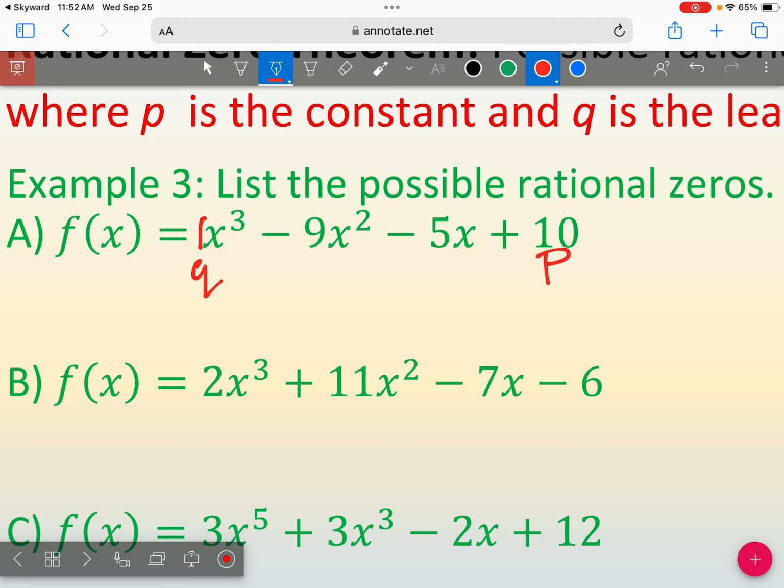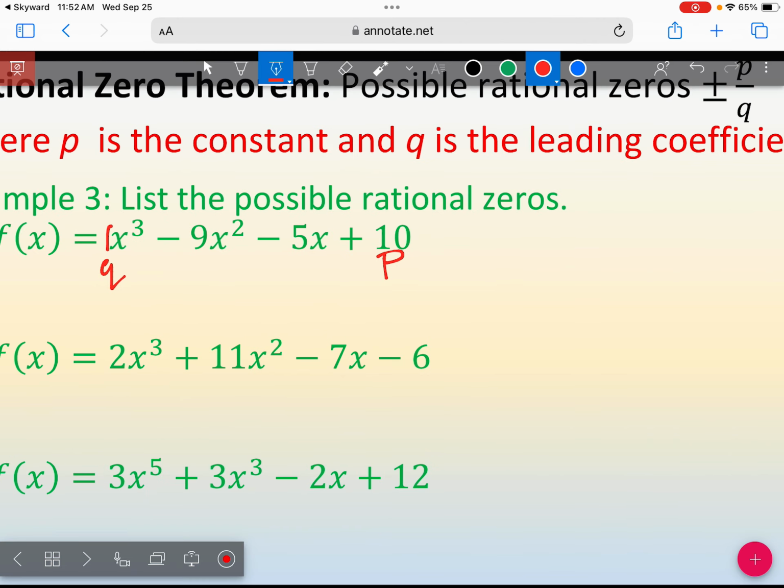Okay. So let's go ahead and start with 10. What are all the factors of 10? What are the numbers that can go into 10? 1. What else? 2, 5, and 10. Q only has one factor because Q equals 1.